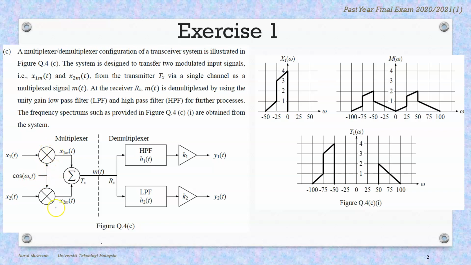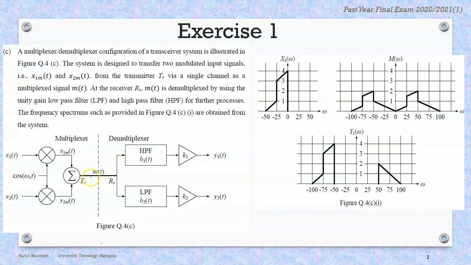Okay, so this is the modulation process, and the output from the modulation process, which we call the modulated signals, X1M(t) and also X2M(t). Both of these signals are summed together before being transmitted as M(t).